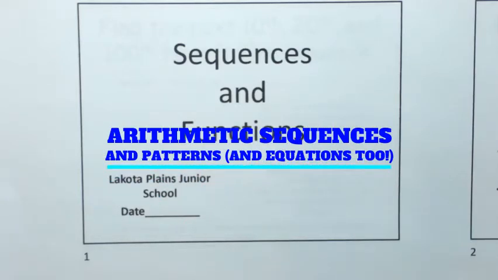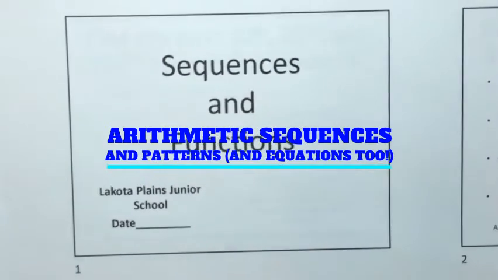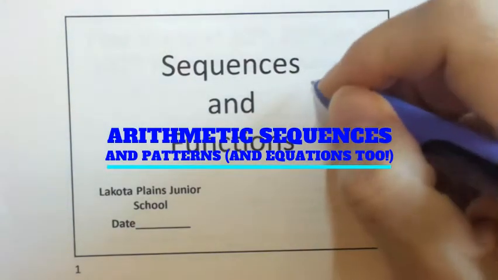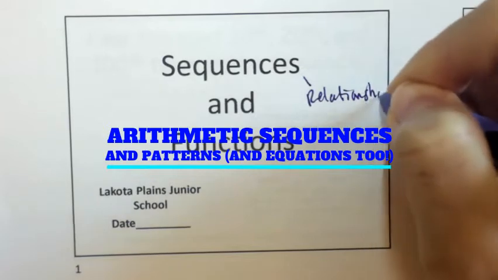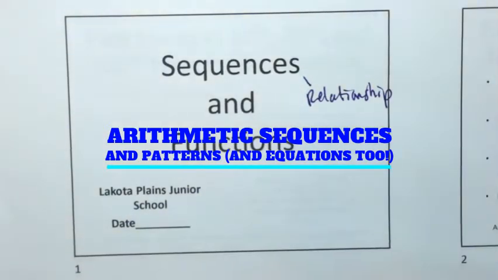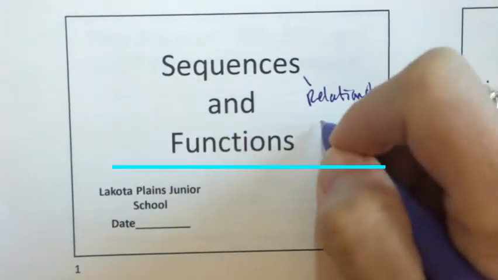Today we're going to talk about sequences and functions and how to develop equations for sequences and functions. Sequence and function are just synonyms for relationship. There's a relationship that's happening between two variables.